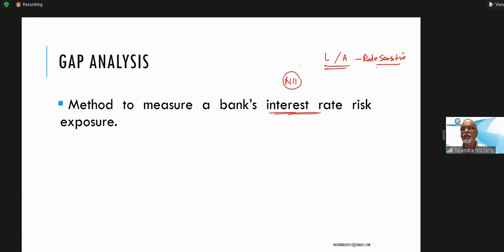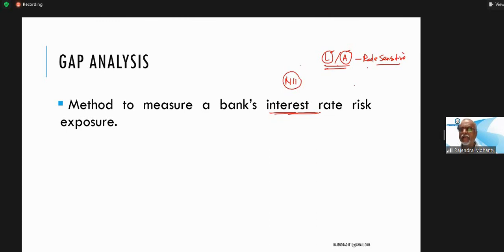Rate sensitive means those which have a rate of interest applicable, for liabilities and assets. Those are called rate sensitive liabilities or rate sensitive assets. Those which are not affected by the interest rate are called rate insensitive liabilities or rate insensitive assets. Those are to be excluded.